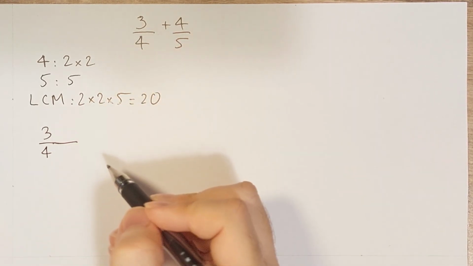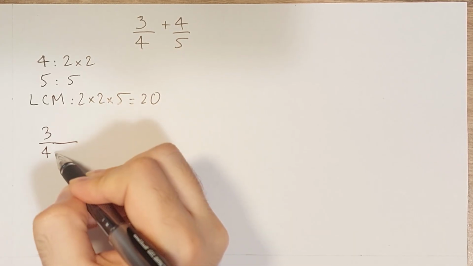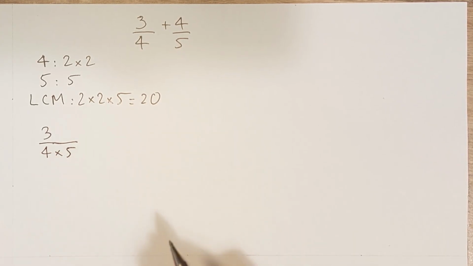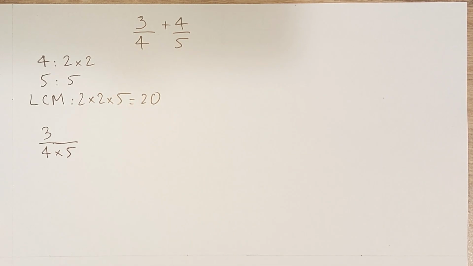First, we'll take 3 by 4 and we'll multiply 4 by 5 to make it 20. As I said, we have to convert both 4 and 5, which are the denominators, to 20. And when we multiply the denominator of a fraction by a number, we have to multiply the numerator as well.